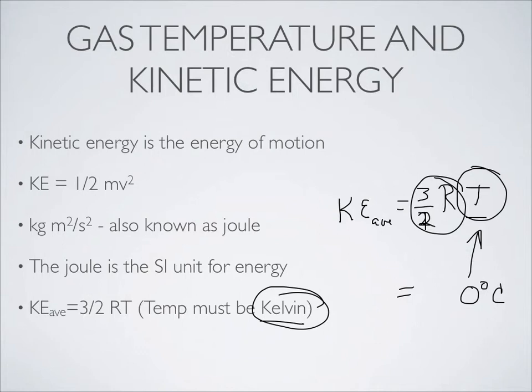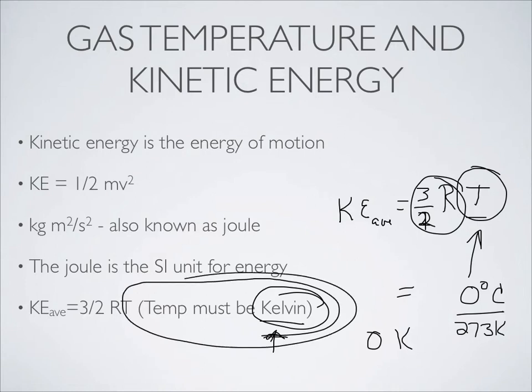It's based on Kelvin, so that'd be 273 Kelvin. So we still have a lot of temperature there. If we had air at 0 Kelvin, now we wouldn't have any movement. Those gas particles would all just be laying down and not moving at all. So that's the big key. Whenever we're talking about temperature, it must be in Kelvin.